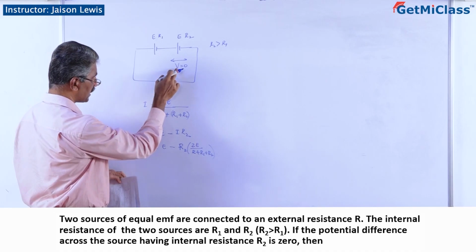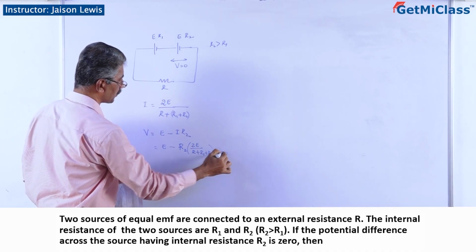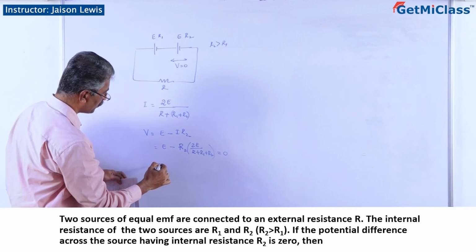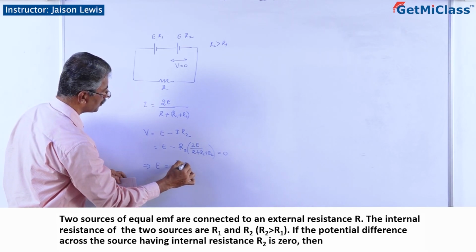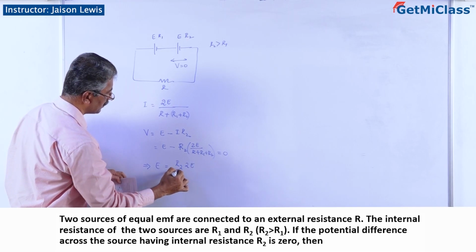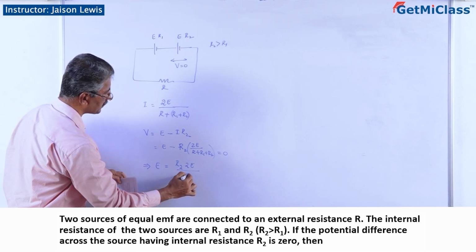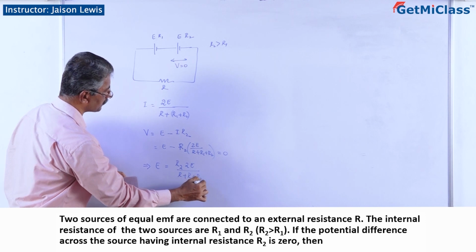The problem says that V is equal to 0, so equate to 0. Therefore E is equal to R2 times 2E, over the denominator R plus R1 plus R2.